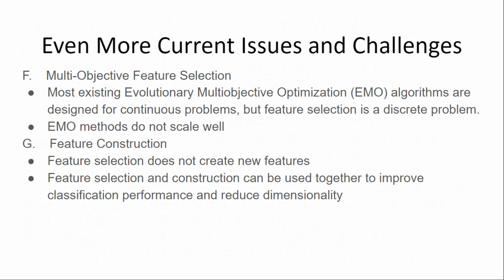Some more issues. Multi-objective optimization is an area that involves more than one objective function, and it's often used for continuous problems. However, feature selection is a discrete problem. And another challenge is to use feature construction along with feature selection to improve classification performance and reduce the number of features.